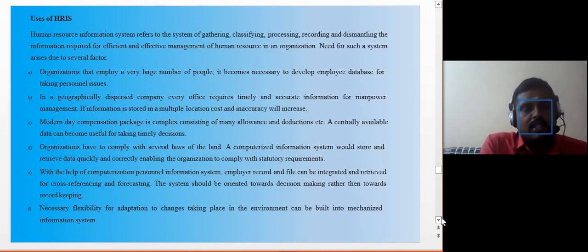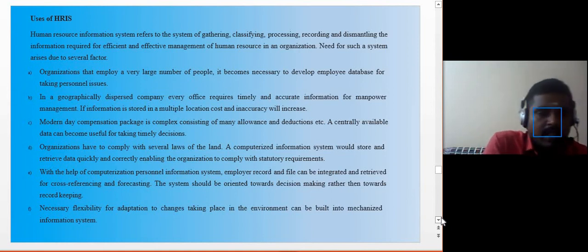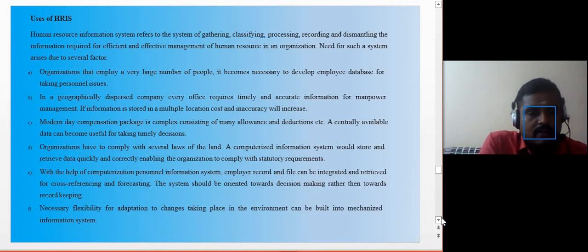In a geographically dispersed company, every office requires timely and accurate information for manpower management. If information is stored in multiple locations, cost and inaccuracy will increase. Modern-day compensation packages are complex, consisting of many allowances and deductions. Centrally available data can become useful for taking timely decisions.